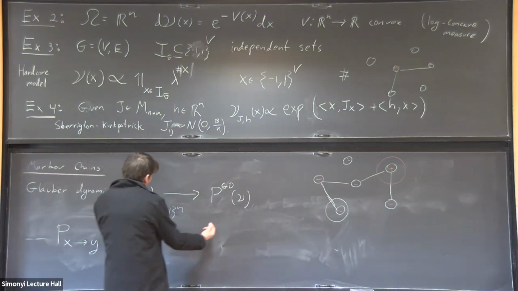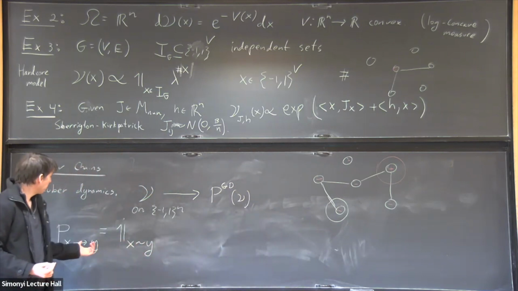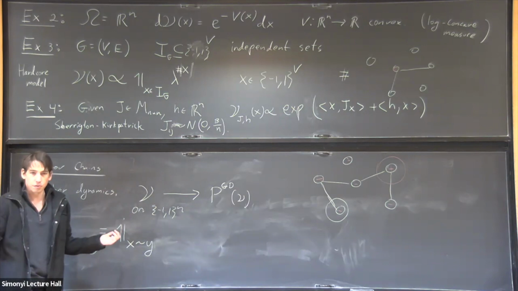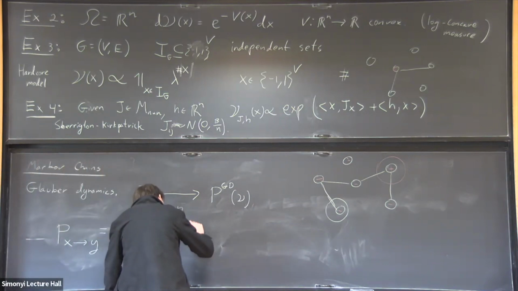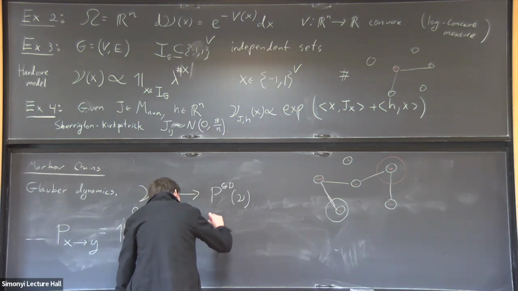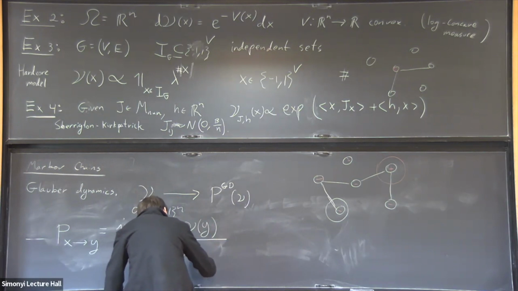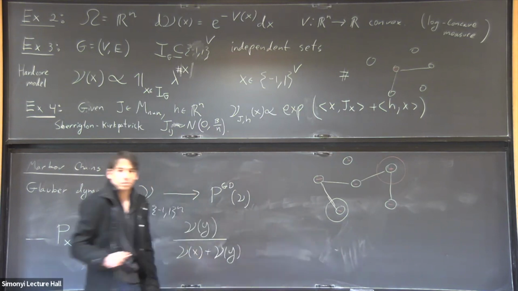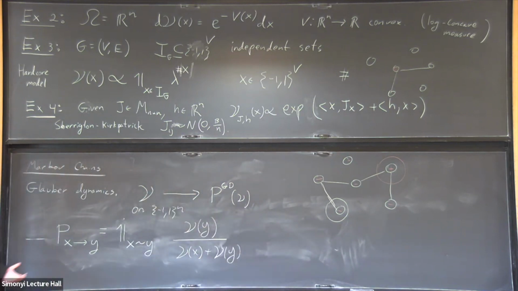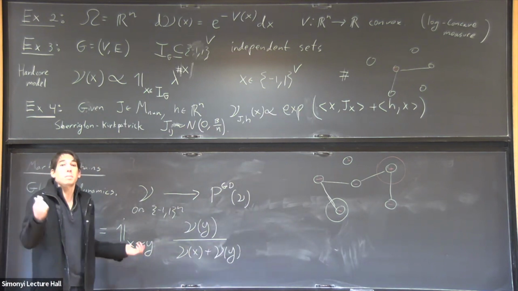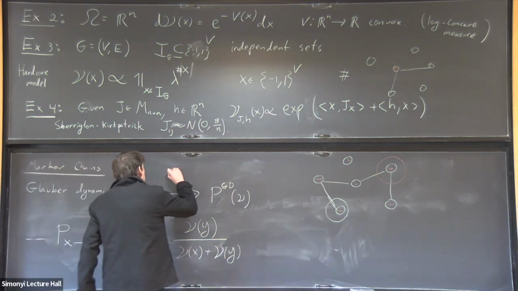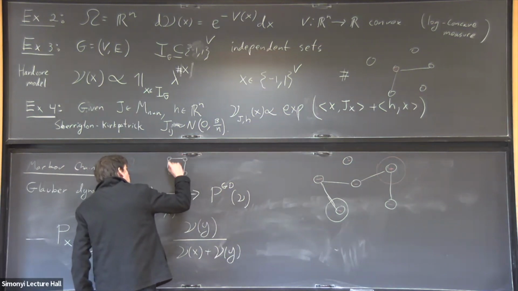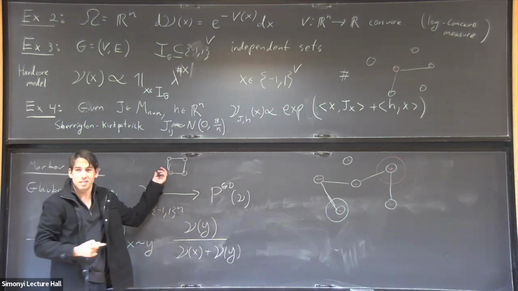And then I need to put here the probability to choose Y, the neighbor, conditioned on all the rest. This is just the measure at Y over the measure at X plus the measure at Y. So suppose I'm at a point X in the hypercube. Now these are not sites, these are vertices of the hypercube.